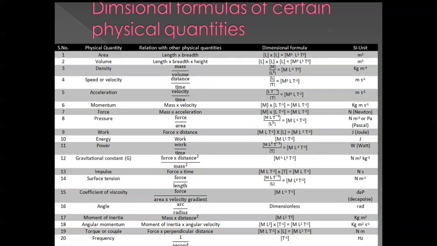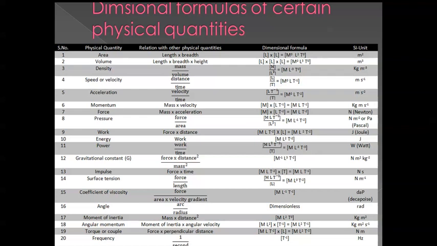The dimension formula of velocity is L power 1 T power minus 1. In place of velocity, we can write L power 1 T power minus 1 by time T. If we solve this, we can get L T power minus 2.